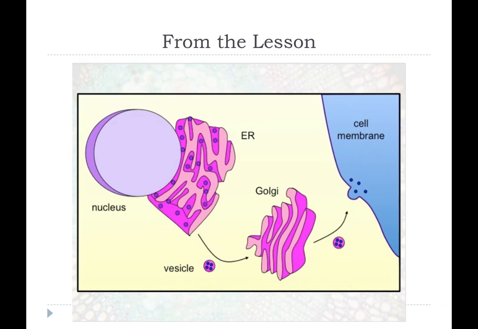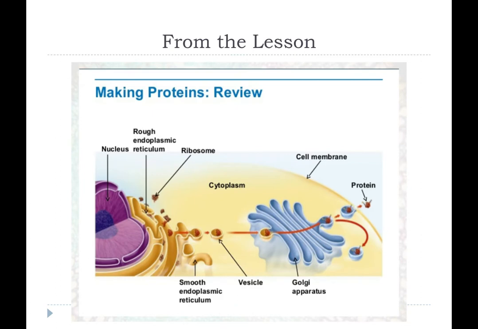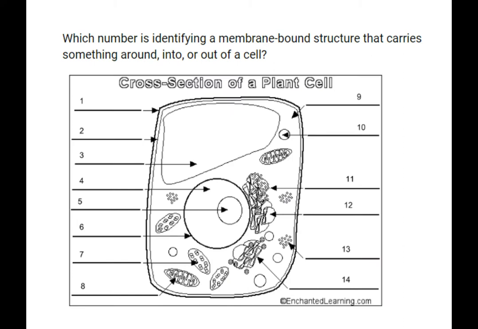In the lesson, I showed you two different diagrams, and there we can see vesicles carrying stuff around and then eventually out of the cell. And here again, we can see vesicles carrying stuff from one part of the cell to another, and then over there on the right, a vesicle carrying something out of the cell.